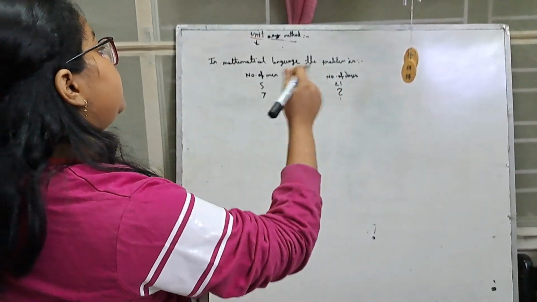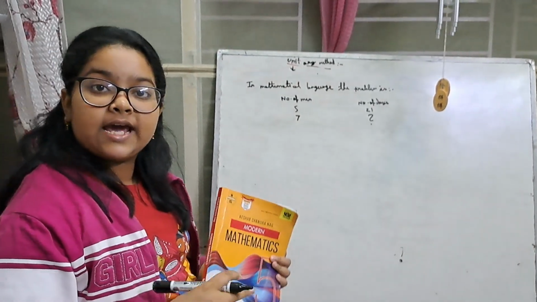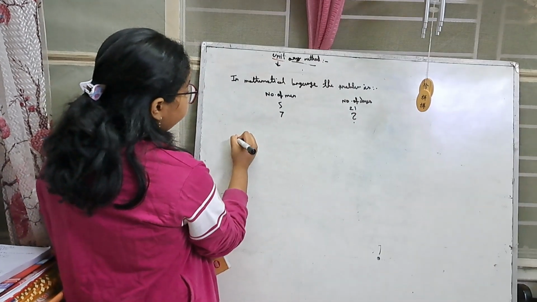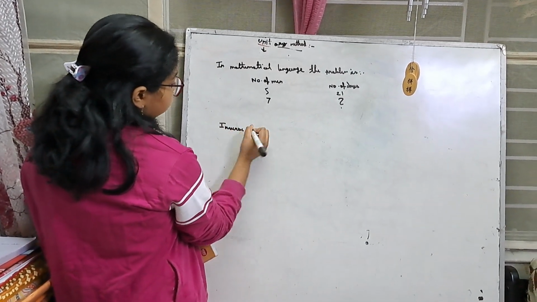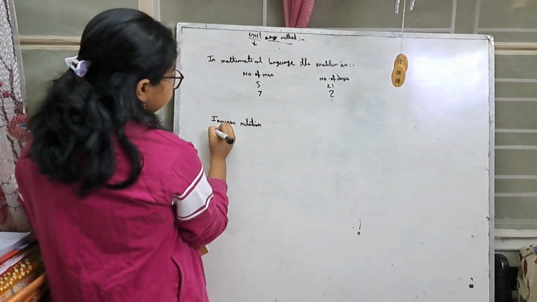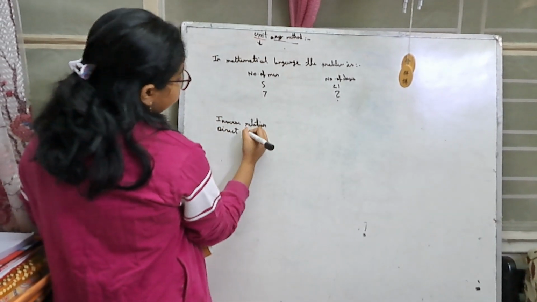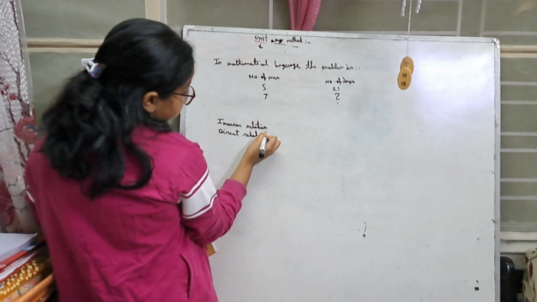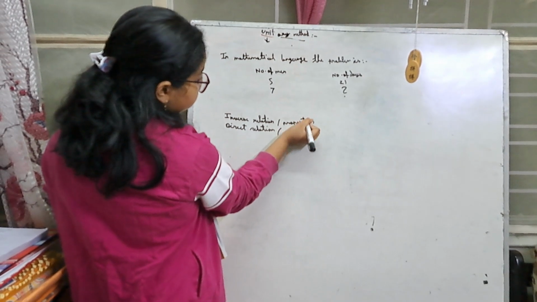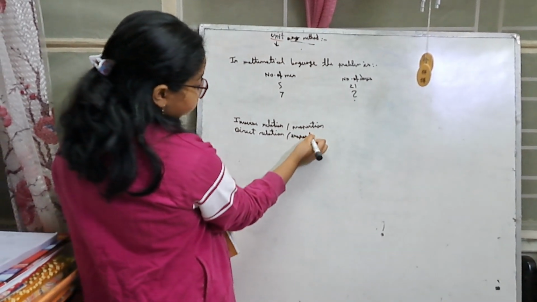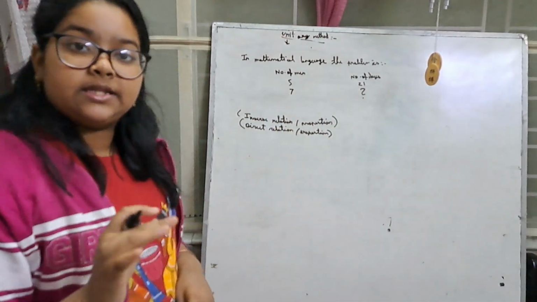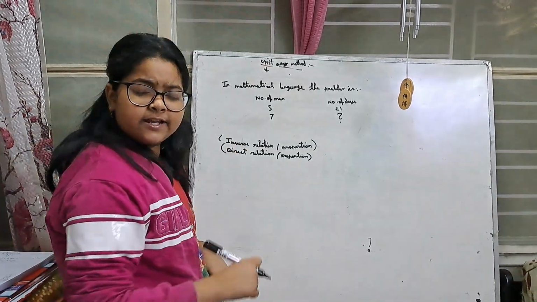The unitary method has two relations: inverse relation and direct relation, or proportion. What is inverse relation?